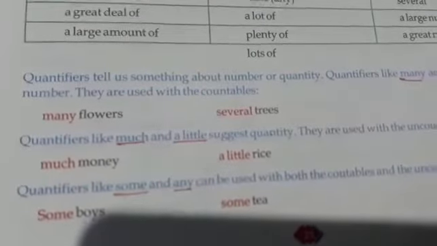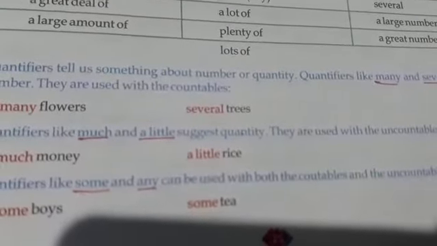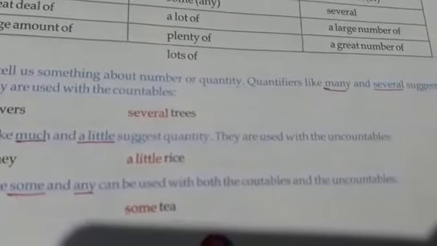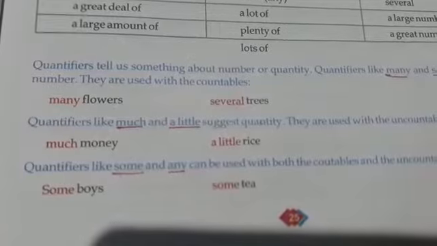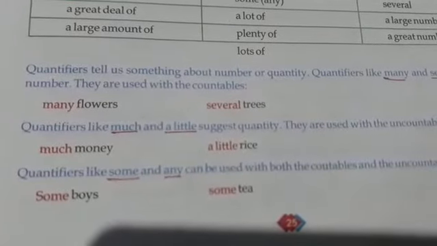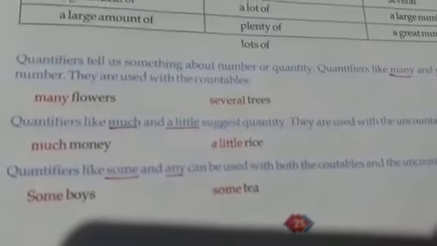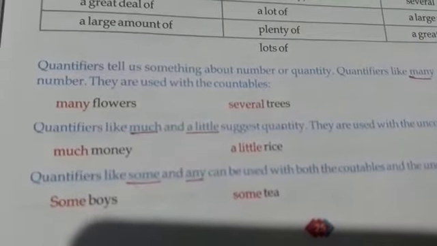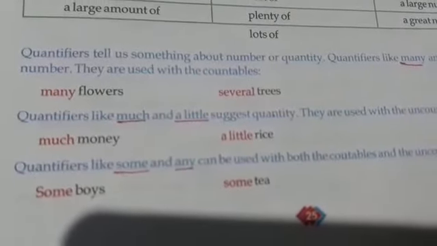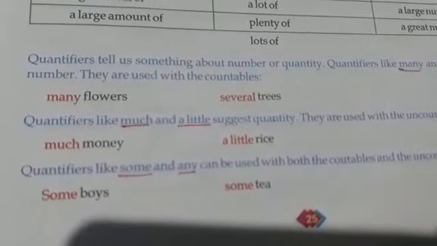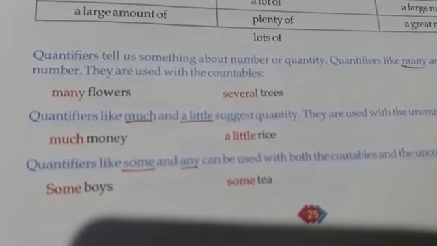Quantifiers tell us something about number or quantity. Quantifiers like many and several suggest number. They are used with the countables. Many flowers, several trees. Quantifiers like much and a little suggest quantity.